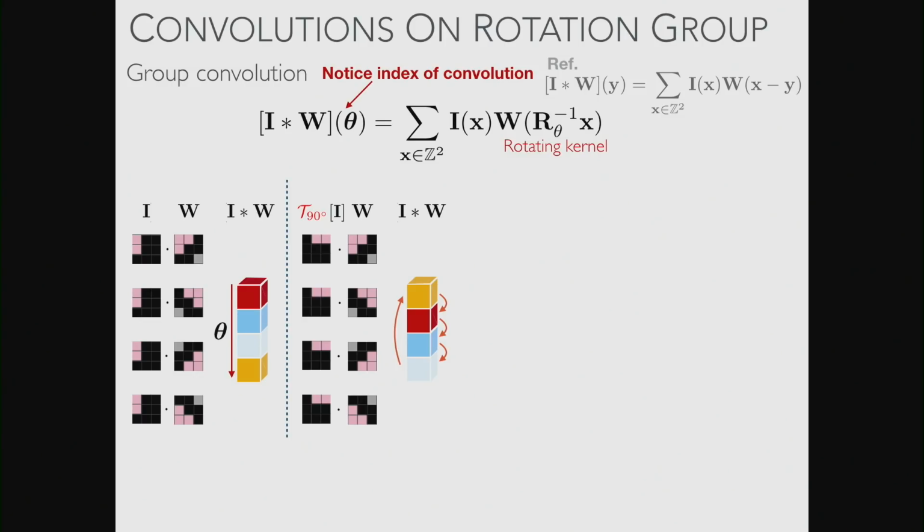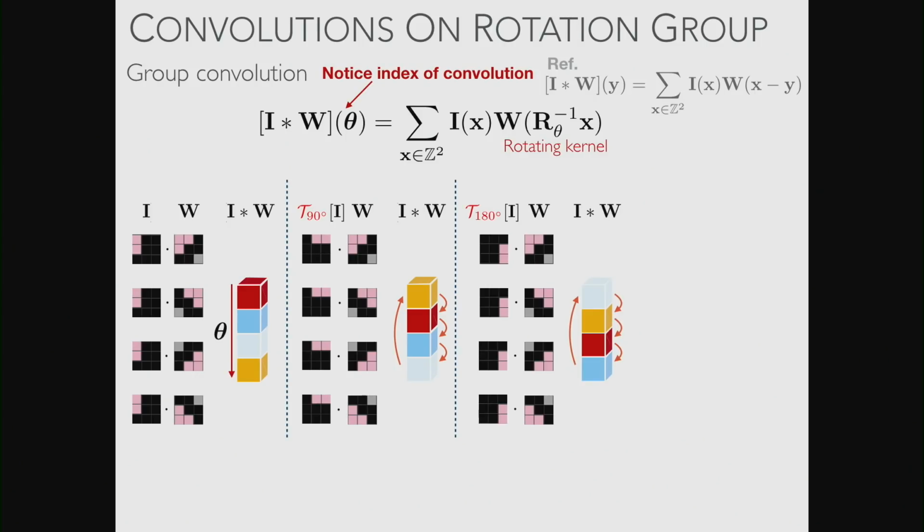This works because you can imagine the relative rotation of the image on the left here and this kernel here is exactly the same as the relative angle of this and this here. So transforming the image on the left will transform the output.